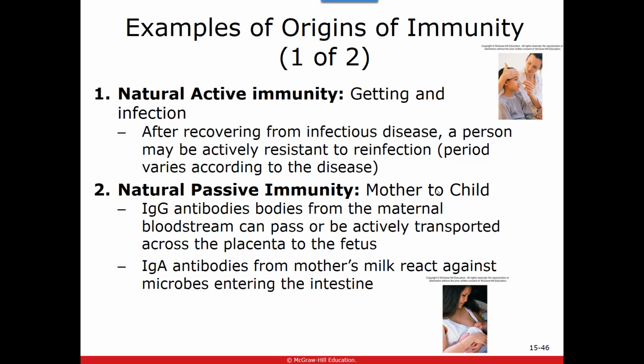Natural passive means someone acquired everyday life exposure to some type of antigen, but passive because antibodies were passed on. The biggest example for natural passive is breastfeeding. Mom, in everyday life, was exposed to something. She made antibodies, and those antibodies are passed on to baby in that breast milk.